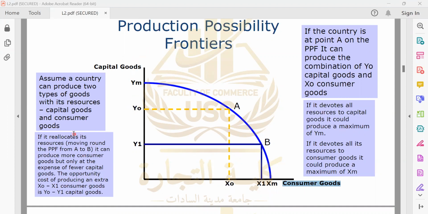We have a location moving around the PPF from A to B. A has a different combination of capital goods and consumer goods than B. B has another combination of capital goods and consumer goods.